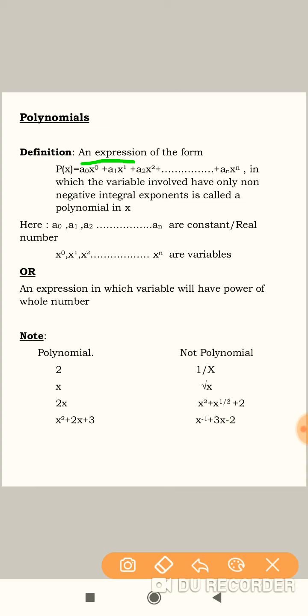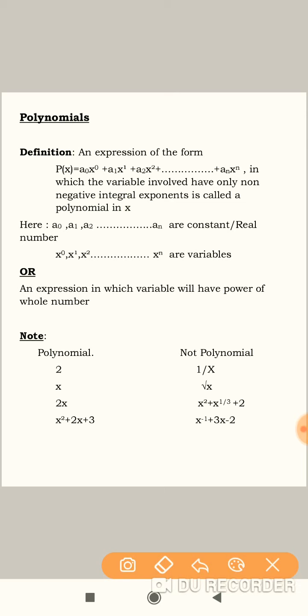An expression of the form p of x is equal to a0 x raised to 0 plus a1 x raised to 1 plus a2 x raised to 2 plus so on plus an x raised to n, in which the variable involved have only non-negative integral exponents is called a polynomial in x.